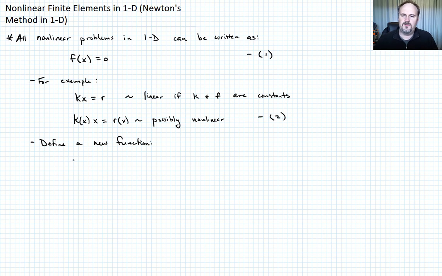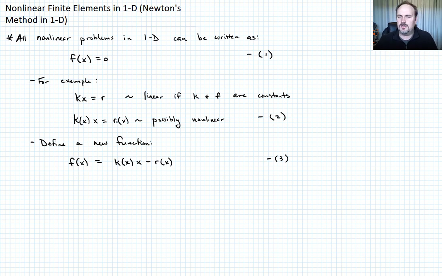We're going to define this new function, call it f of x, that's now equal to k of x times x minus r of x. Call that equation 3.